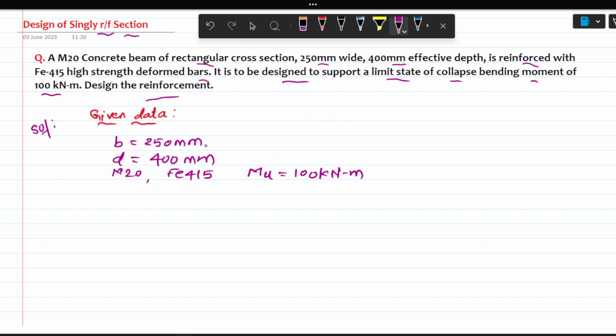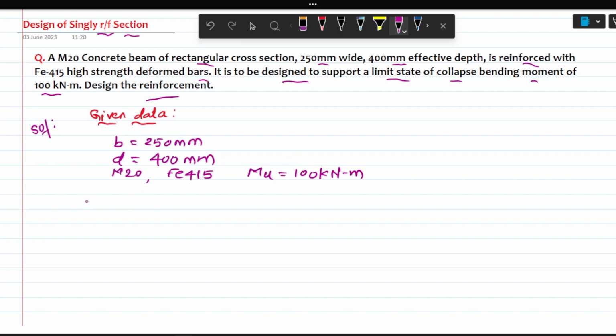Now here we are going to design for a singly reinforced section. First of all, we have to check whether it is a singly reinforced section or a doubly reinforced section. The condition depends on the limiting moment of resistance and the ultimate moment of resistance.